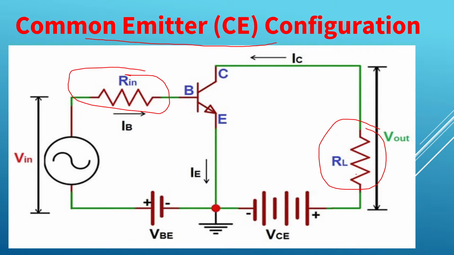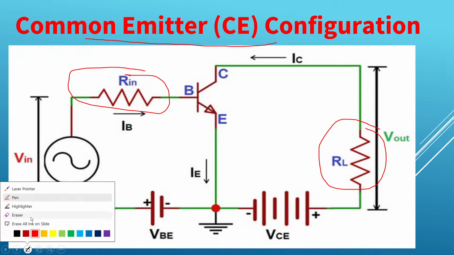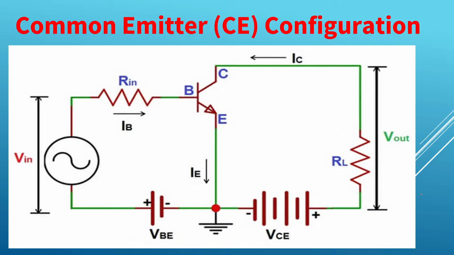Now let us see the characteristics. Let us start with the input characteristics. In order to determine input characteristics, what are all the parameters on the input side? Input parameters are IB, VBE, and of course Vin.